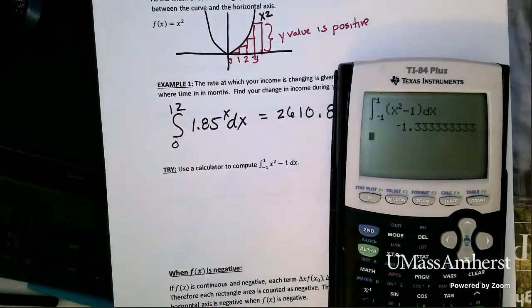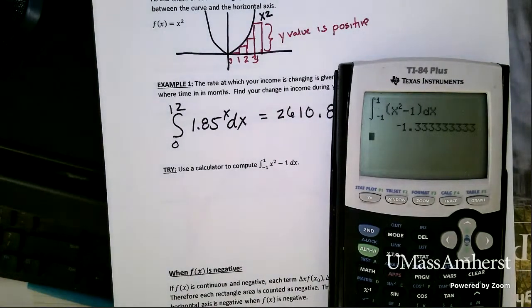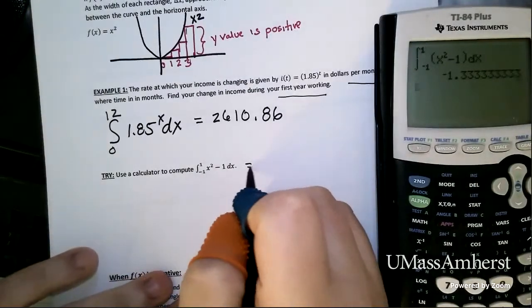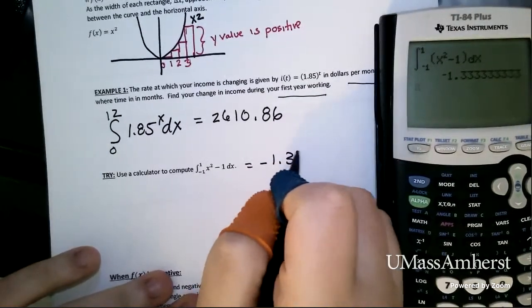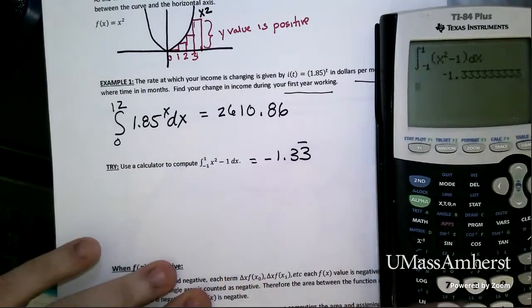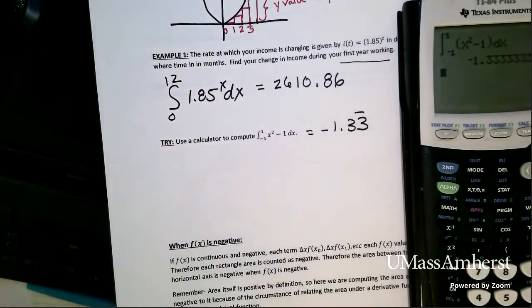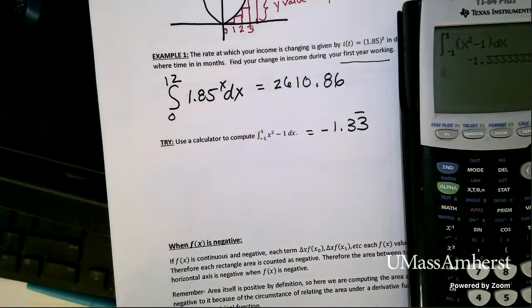And I get -1.3 repeating. Okay, so this is the first time we're seeing a negative value. And conceptually, this may be confusing to you at this point, because what does negative area mean, right? Like, how do we even visualize this?